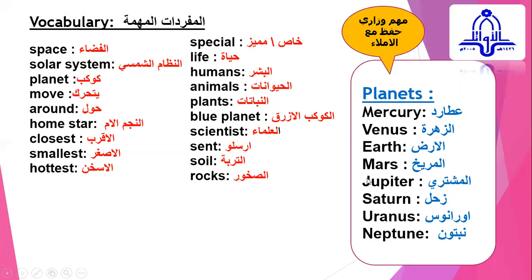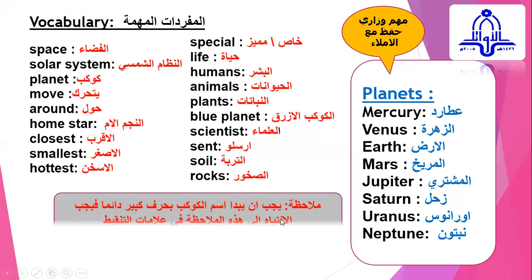We should start all the names of the planets with capital letter. لازم تبدوها دائما بحرف كبير. هذه لازم تحفظوها غيبا مع الإملاء، هي names of the planets. أما المفردات الأخرى ممكن تحفظونها إملاء أو شفهي، يعني تعرفون معاني هذه الكلمات.